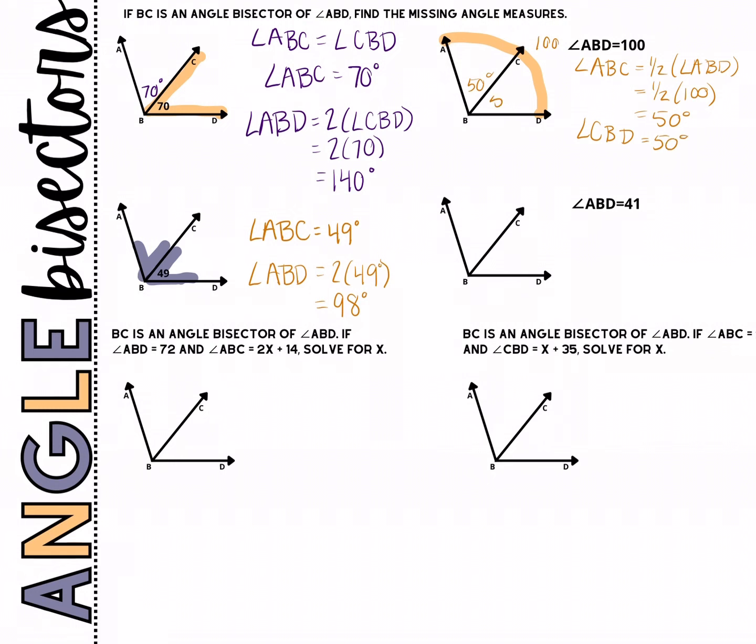Then ABD is 41, so angle ABC is 1/2 of 41. 41 divided by 2 is 20.5 degrees, and angle CBD is 20.5 as well.